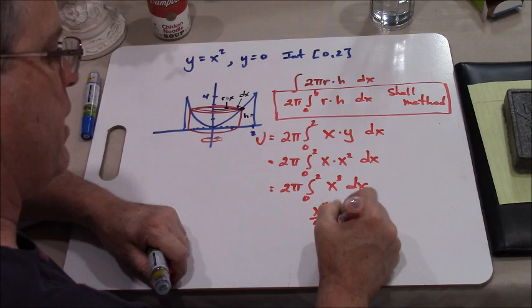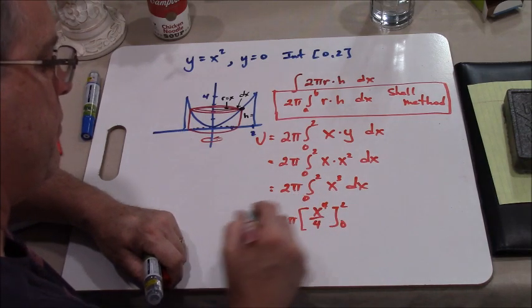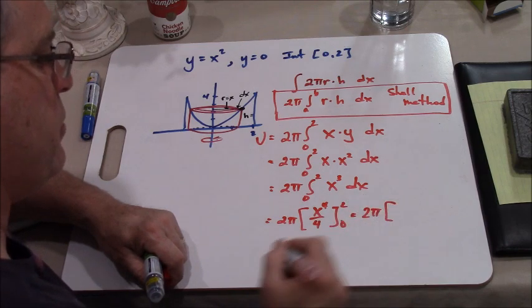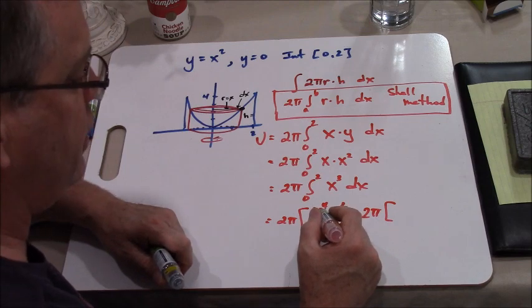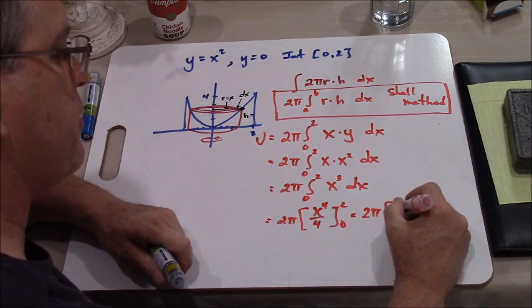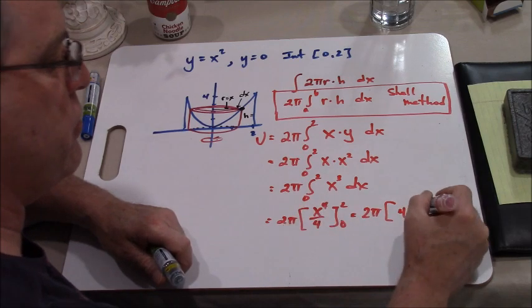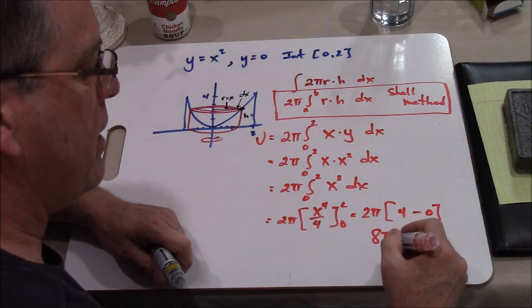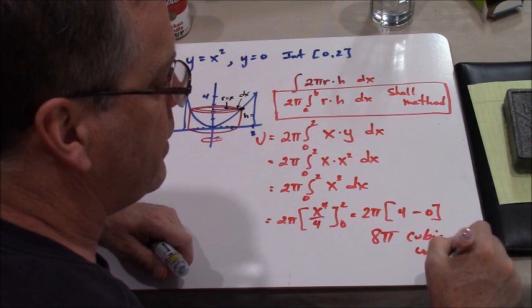We're going to evaluate that from 0 to 2 and multiply by 2 pi. And so what I get is 2 pi times, plug in a 2, you get 2 to the fourth power, which is 16, divided by 4, that's 4, minus what you get when you plug a 0 in, that would just be 0. So my answer must be 8 pi cubic units.